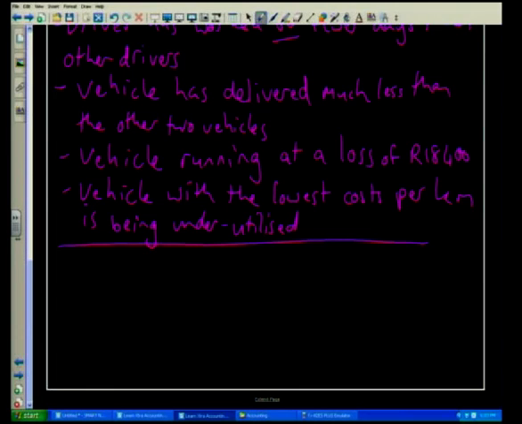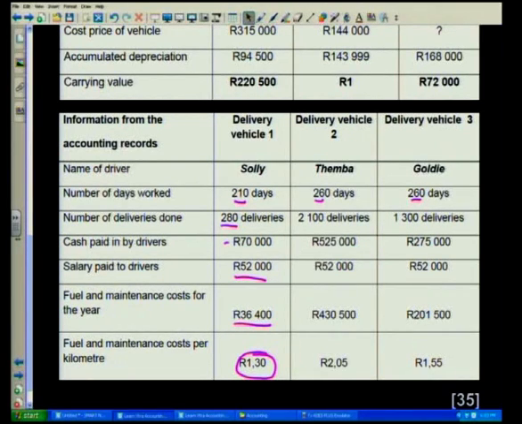First of all, one thing that we could do is we should not pay drivers a salary, because you can see that all 3 drivers are earning the same salary of 52,000 Rand per month, whereas Solly is working only 210 days and doing 280 deliveries, whereas Temba and Goldie have earned the same salary, but they've been working much harder.